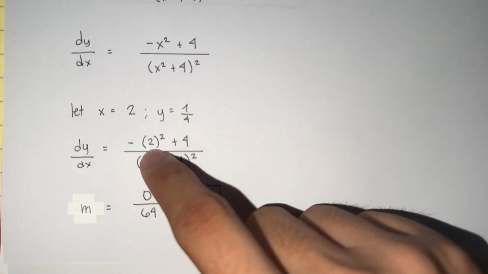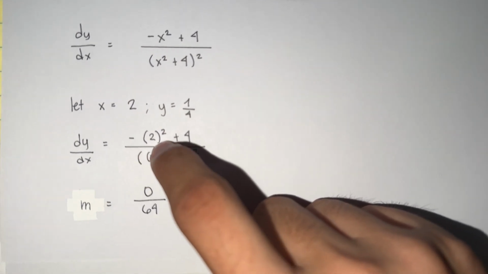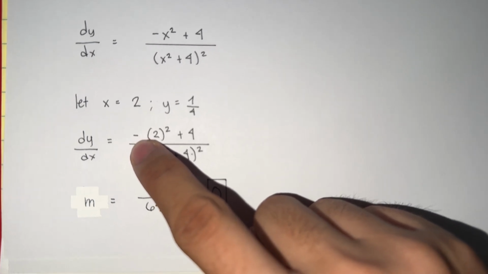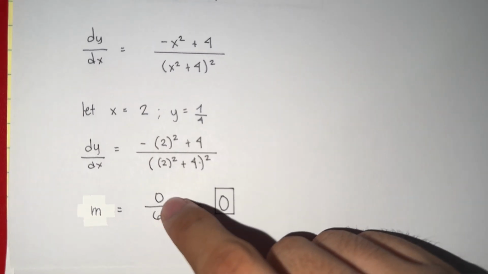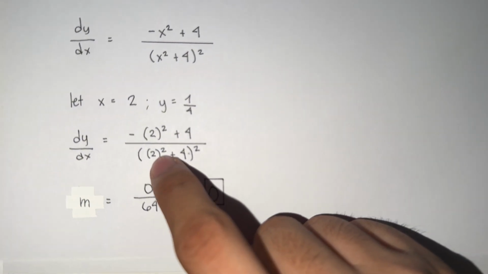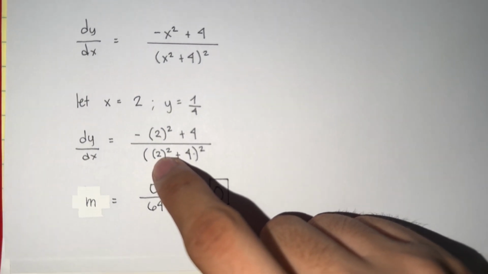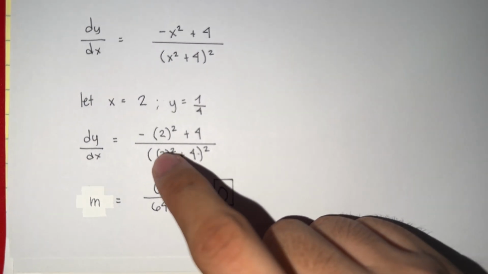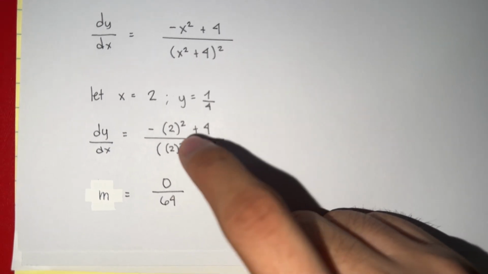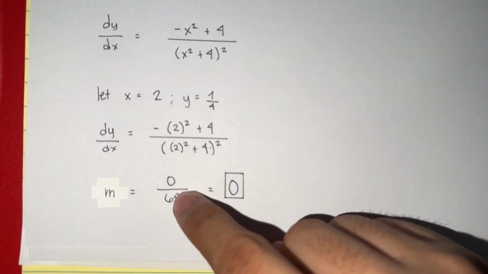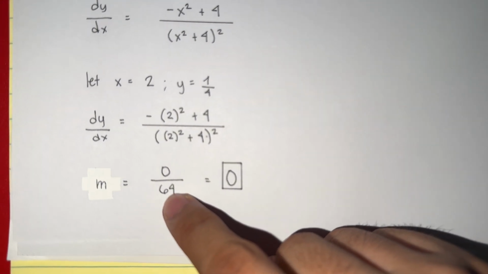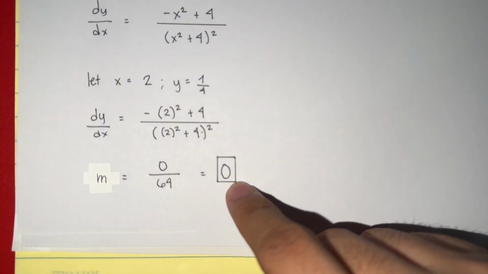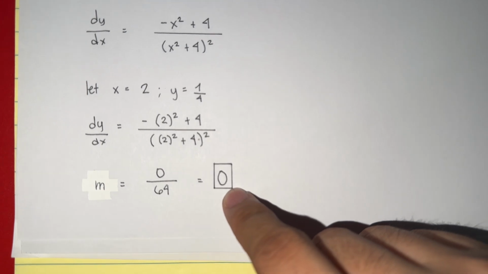So 2 squared is 4. Since you have a negative sign here, it becomes negative 4. Negative 4 plus 4 is equal to 0. And for our denominator, 2 squared is 4, 4 plus 4 is 8, and 8 squared is 64. 0 divided by 64 is equal to 0. And this is now our slope.